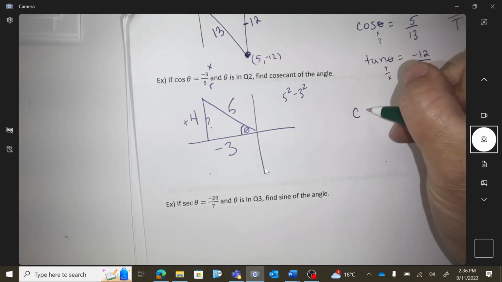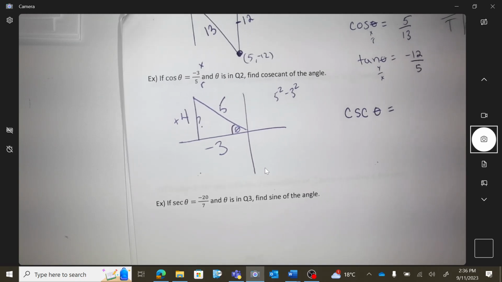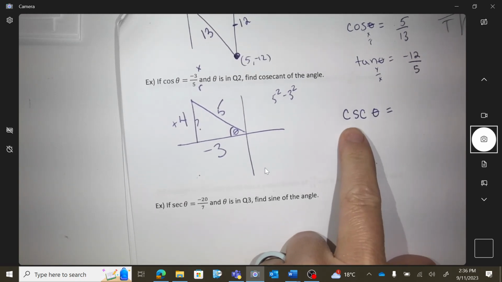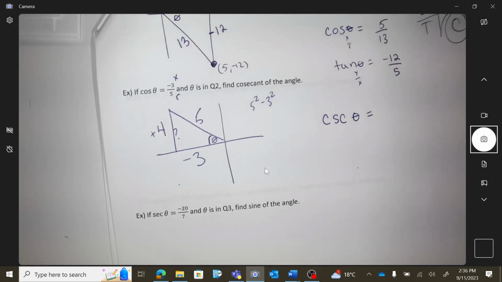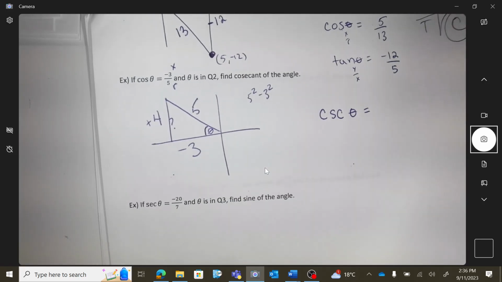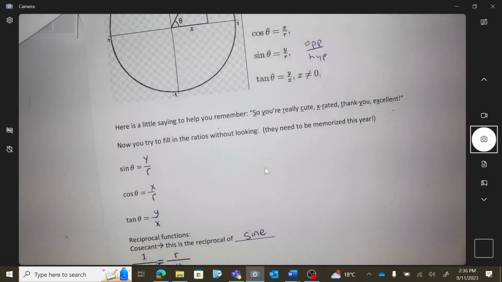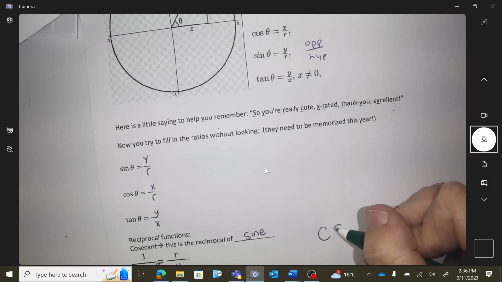Find the cosecant of the angle. I guess I forgot to mention the abbreviation. This is cosecant, the 3 letters that you'll see. Are you okay if I back it up for a second? Cosecant.